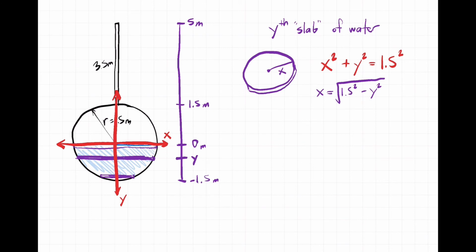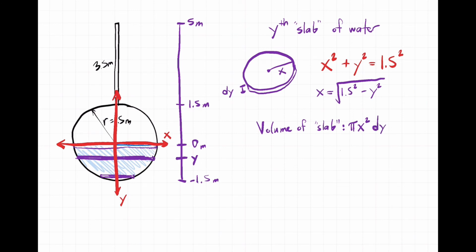Okay, and how do we find the volume of this particular slab of water? Well, we know the radius of it, and we also know that its thickness is dy, because it's that very, very tiny change in y. So the volume of that little slab of water is going to be pi times the radius squared times the thickness, which is dy.